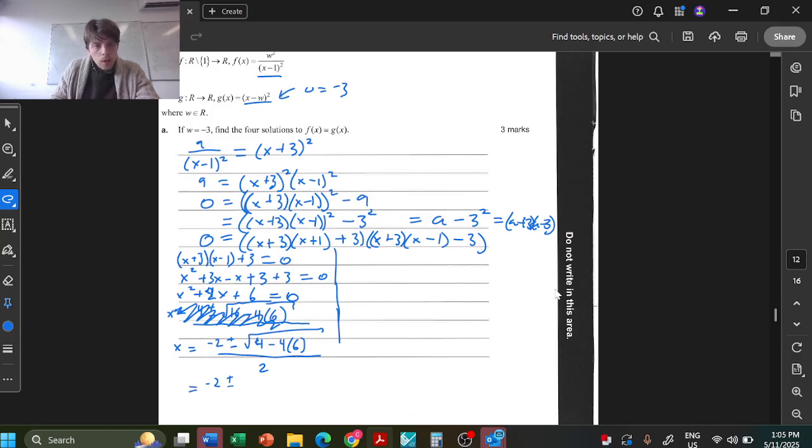So we have negative 2 plus or minus the square root of. Now we have 4, I'm screwing up my negatives here again, aren't I? B squared minus 4ac.